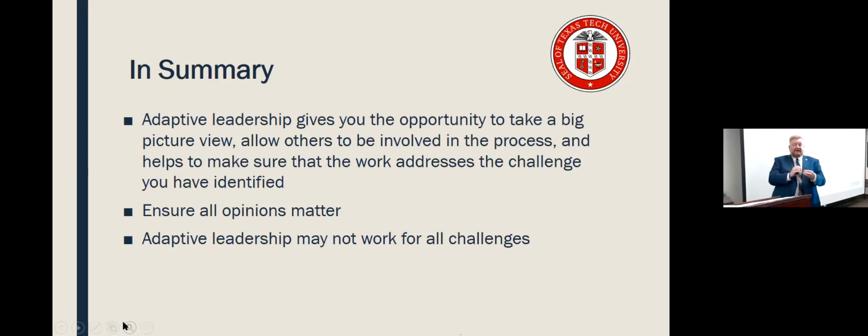It ensures that all opinions matter, and it helps to know that adaptive leadership may not work in all challenges, but it's a great way to really guide the difficult and hard work that many of us take on in order to solve problems. So these are steps and kind of behaviors, and it's a guideline. It doesn't mean that that's the exact way it has to be done. As I mentioned, you're going to have to step back and get on the balcony a lot during the adaptive process.